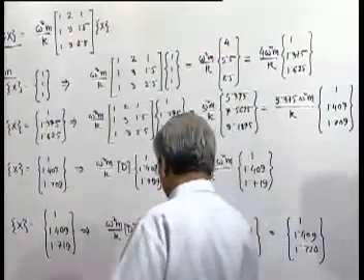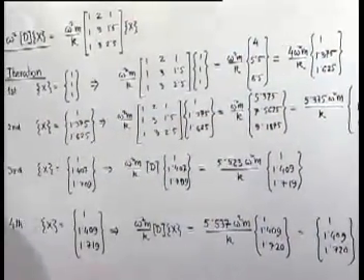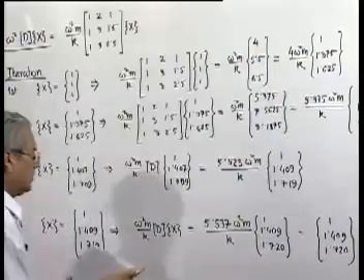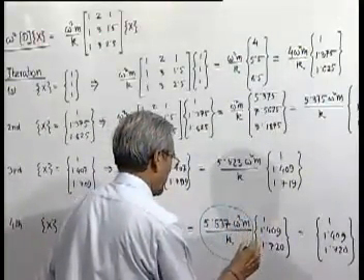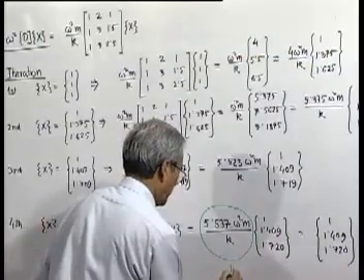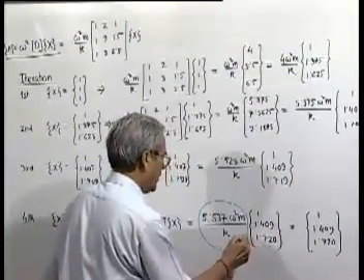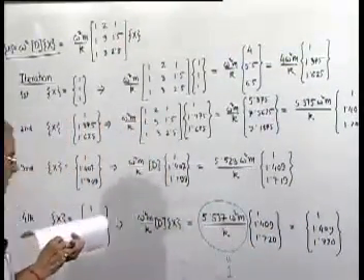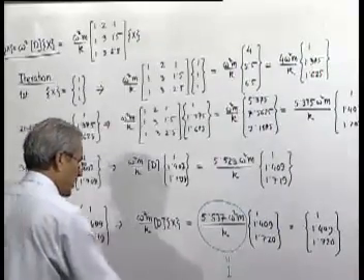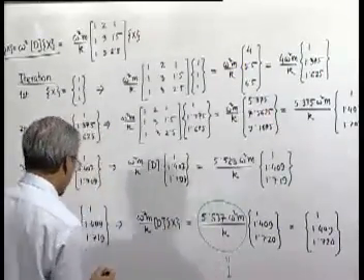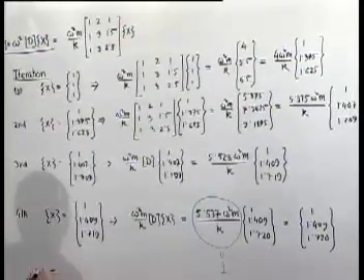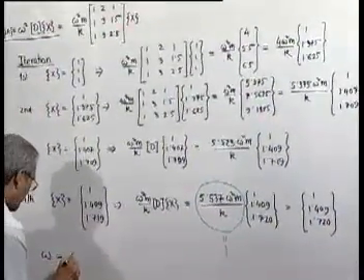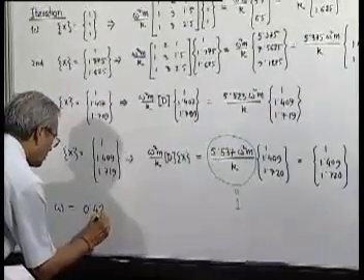If this quantity has to be equal to 1, then only this equation is satisfied. That means your corresponding omega will have to be how much? So omega will be correspondingly 0.425.